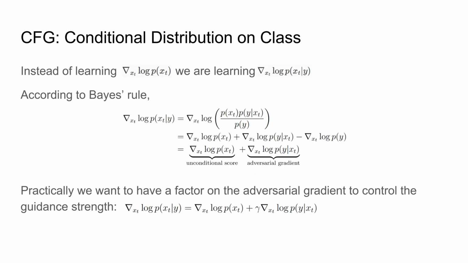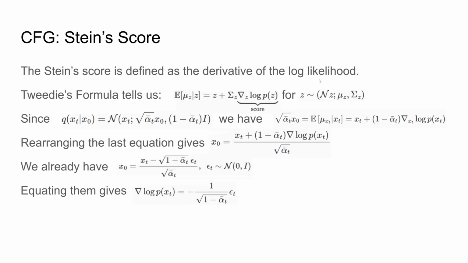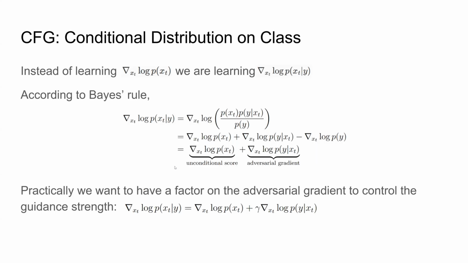If we want a model that generates conditionally on a class, it means that instead of modeling the distribution directly, we want it to model this distribution of data conditional on a class label, right? So instead of doing this, we should be modeling this, and remember that in this equation we've shown that the score function is equal to the noise times some factor.